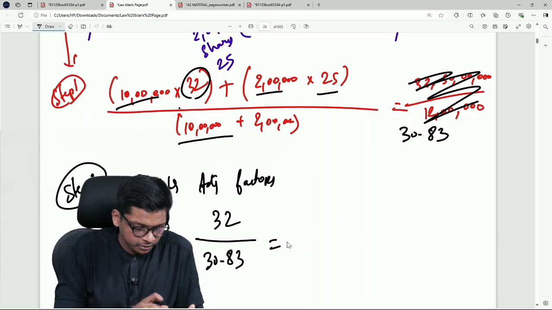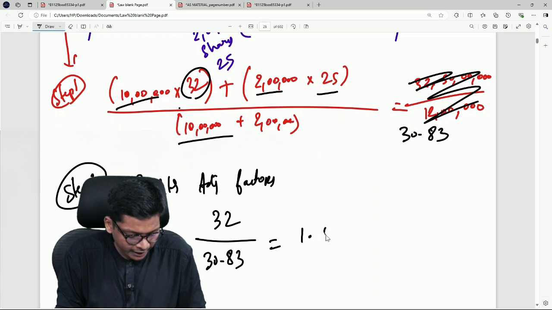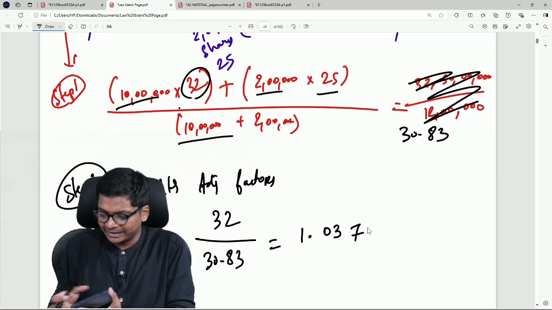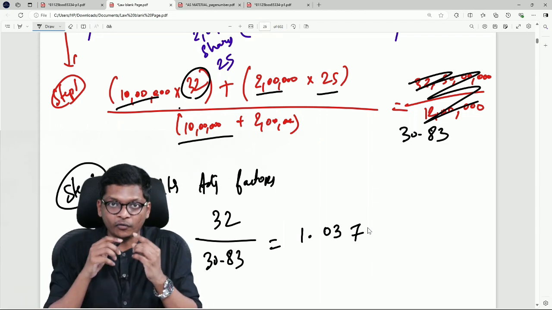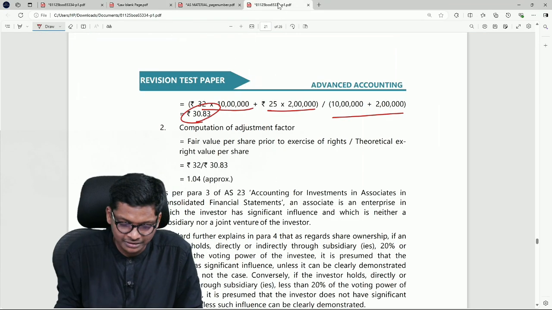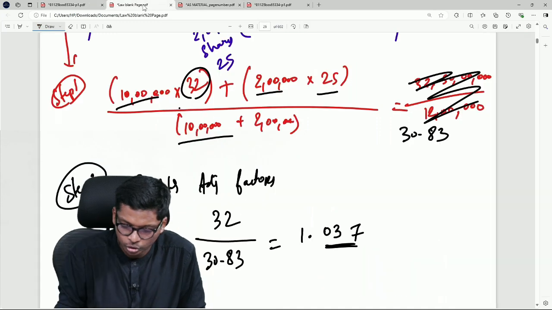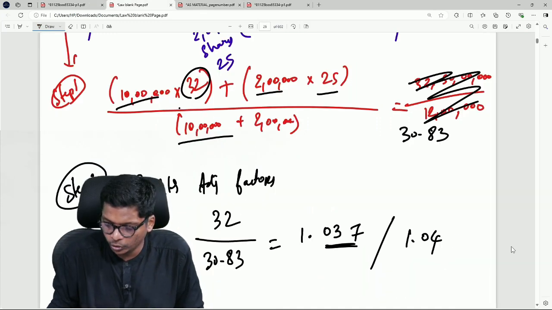So if I divide 32 by 30.83, you will get 1.037, which means for every one share 0.037 is free. Look at this, 1.037 approximately rounded off to 1.04.